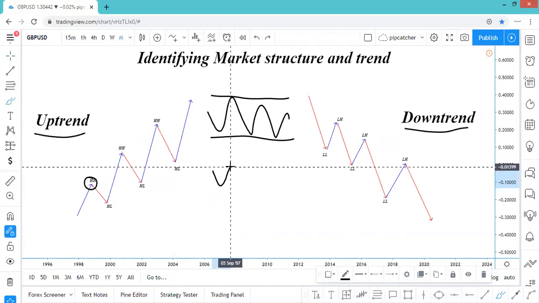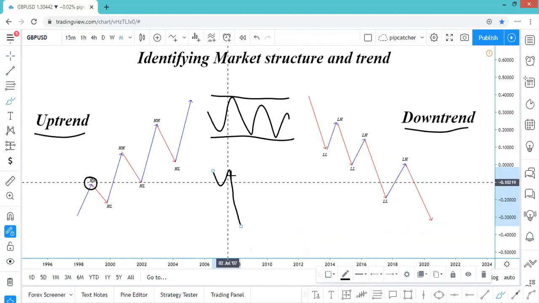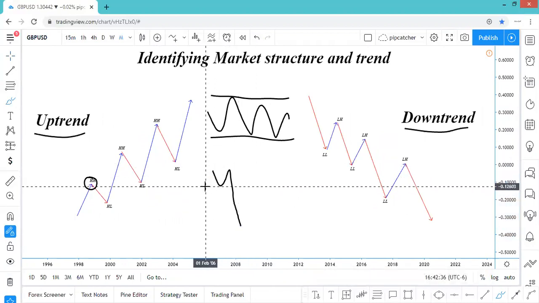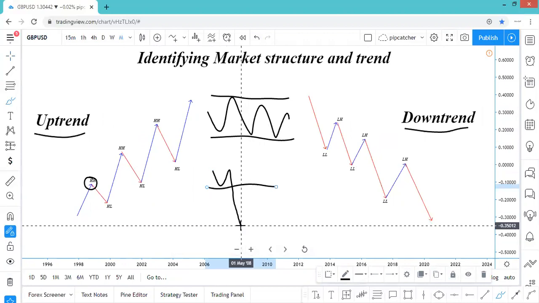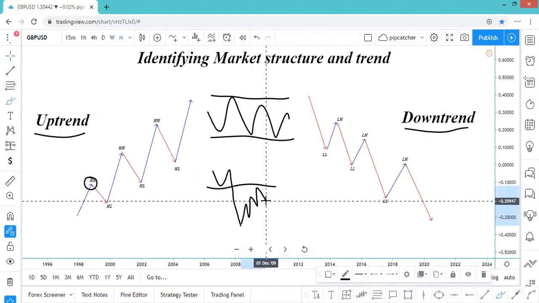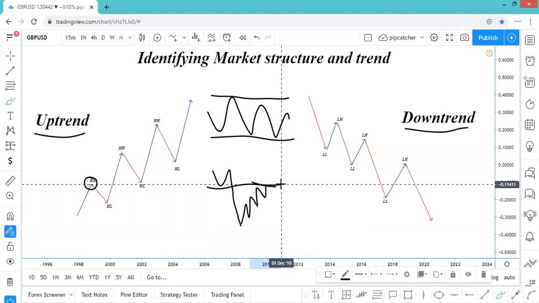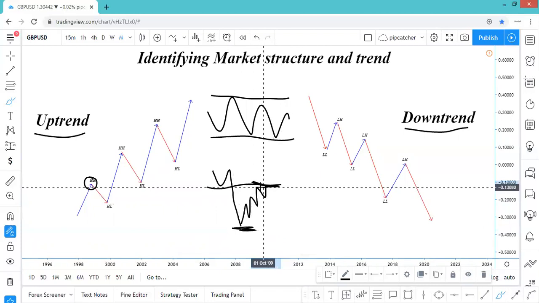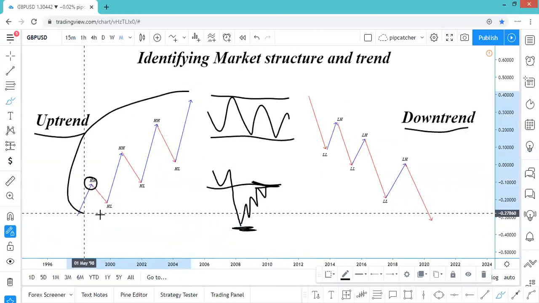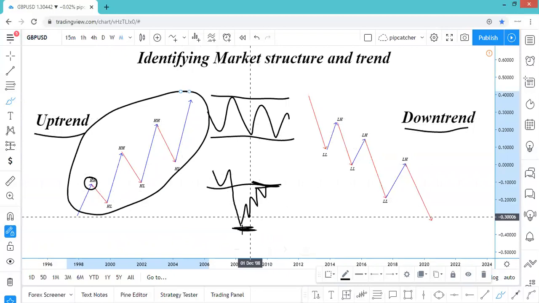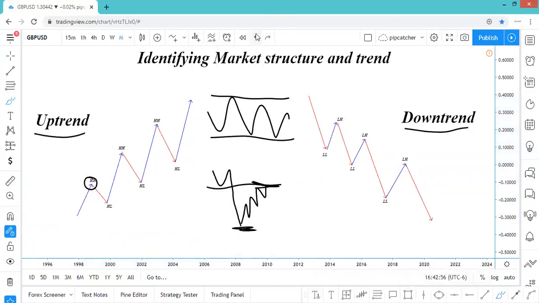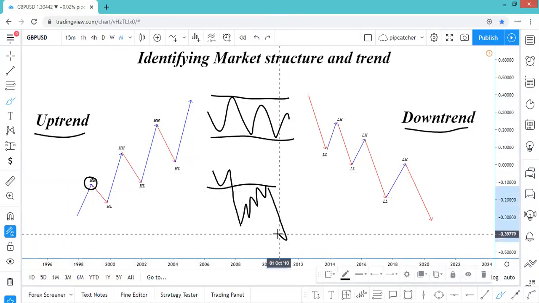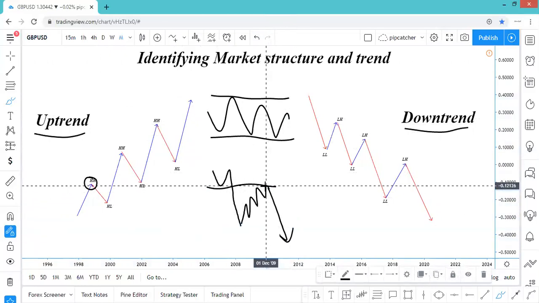Okay? And same with a downtrend, as we explained, right? So say there was a low that got broken like this, and this scenario right here is a higher time frame. So this low got broken, and the market has to retrace back, right? So from this point here to this point right here, on a lower time frame, an uptrend got created in this area. But in the bigger scheme of things, we are in a major downtrend, right?